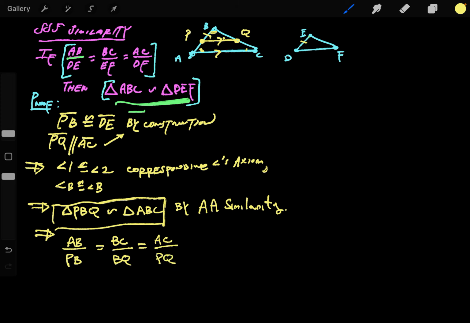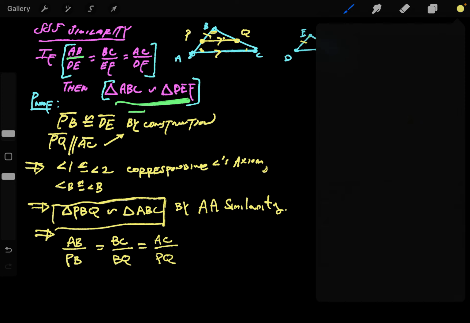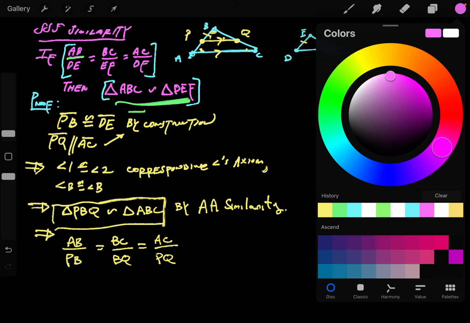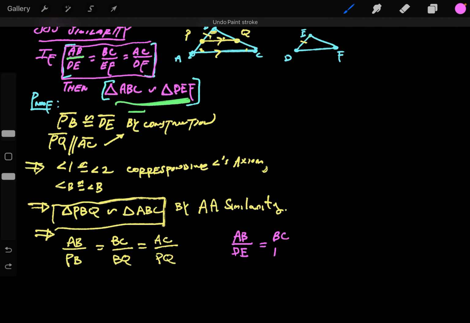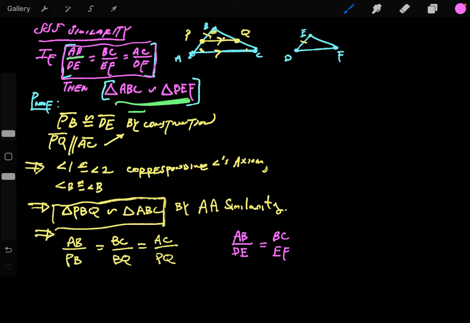Now, let's look at this with what's given. The given is this statement, that the sides of the original two triangles are in proportion. So AB over DE is equal to BC over EF is equal to AC over DF.